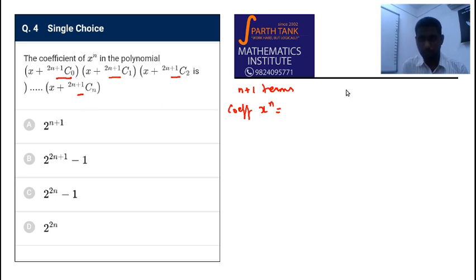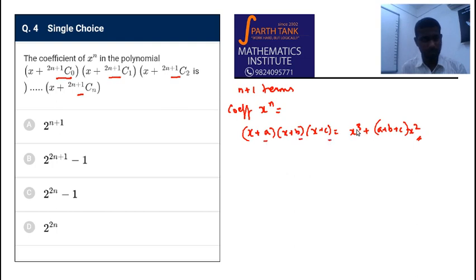Otherwise, if you would like to remember, in any expression, you remember this identity: (x plus a) into (x plus b) into (x plus c) would become x cubed plus (a plus b plus c) into x squared. So you see, the x squared depends on all these three.